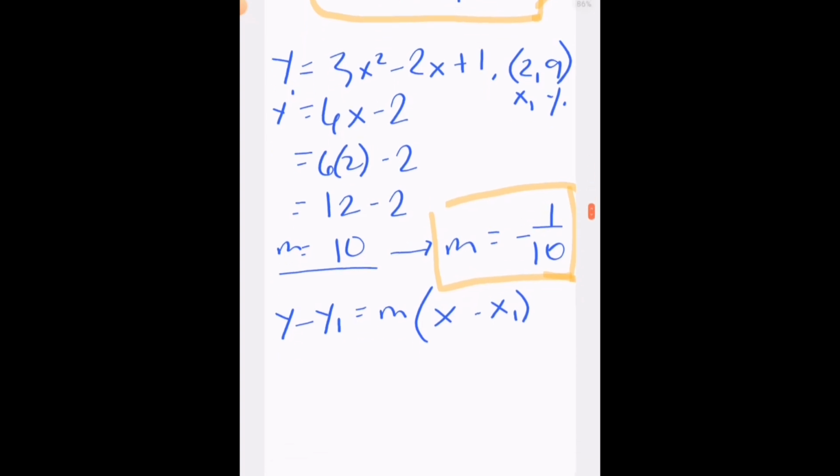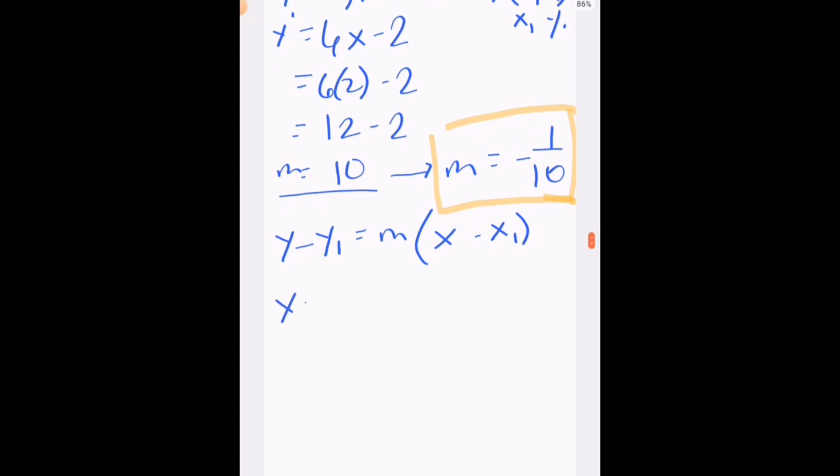So we will get y minus 9 equals negative 1 over 10, which is the slope, times x minus 2. Then multiply both sides by 10 so that we can cancel out the denominators.